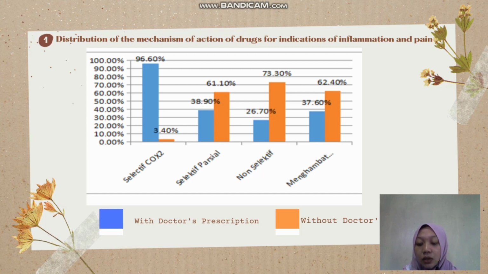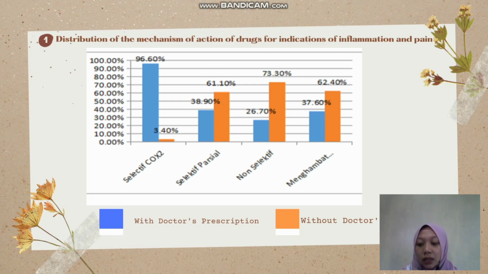In this study, the selective COX-2 form was selected, while the partially selective form was meloxicam. The partially selective class of non-steroid anti-inflammation drug meloxicam has minimal risk to the gastrointestinal tract and cardiovascular system, so it is safer compared to non-selective non-steroid anti-inflammation drugs.